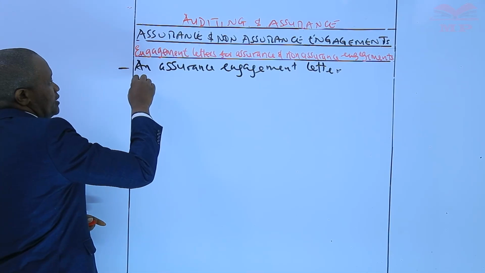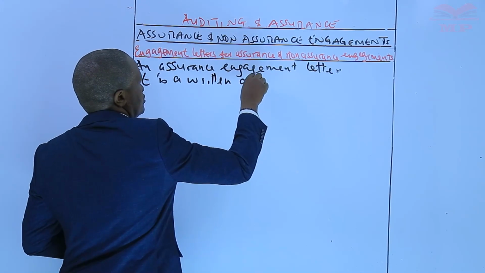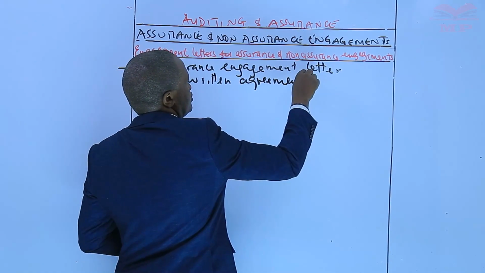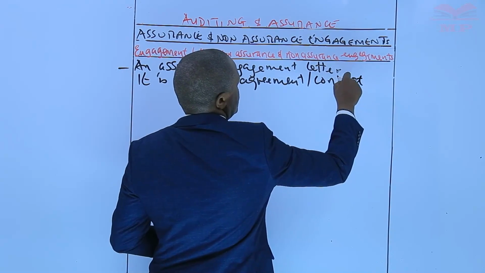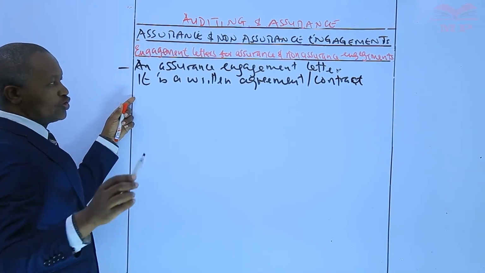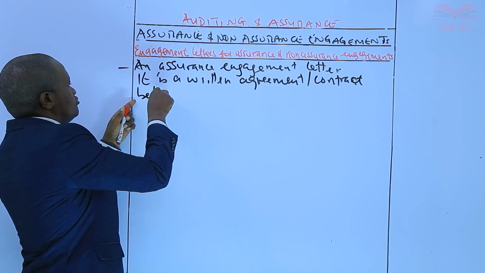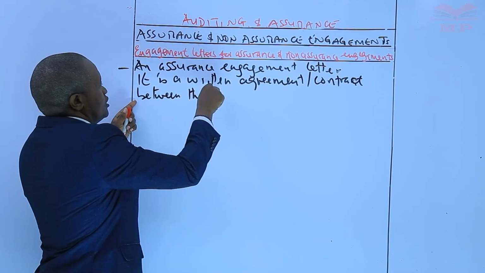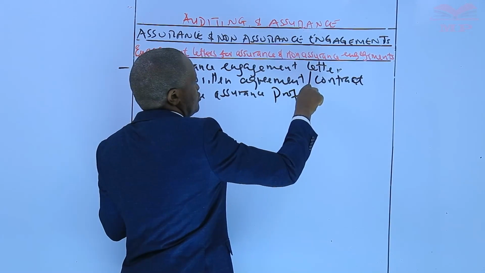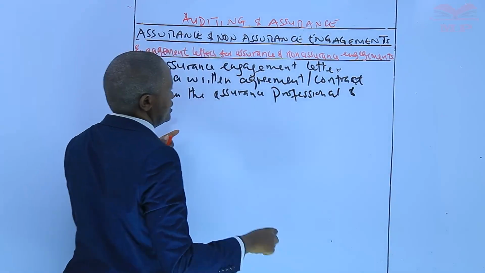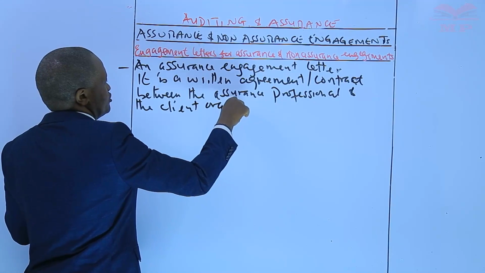It is a written agreement or contract between the professional assurance provider and the client organization.